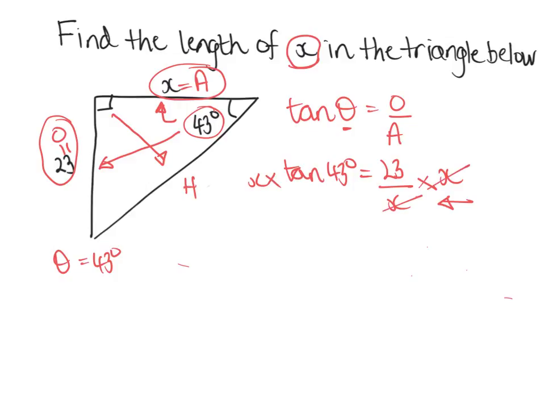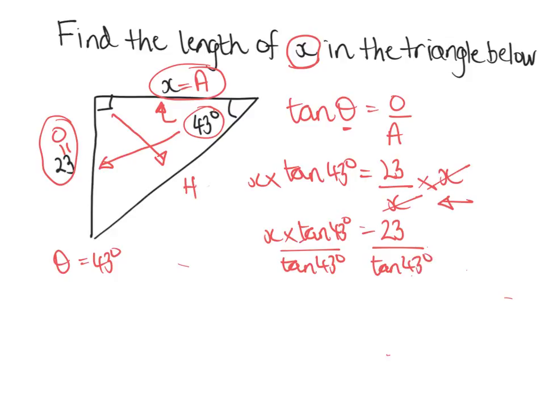Divided by x and times by x, they're opposites and will cancel out. We say we have x times by tan of 43. Now we can divide both sides by tan of 43. Now times by tan of 43 and divide by tan of 43, they're opposites. And that'll give us x equals 23 divided by tan of 43.